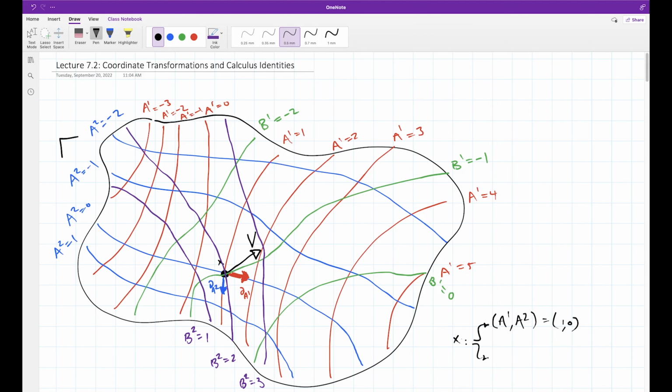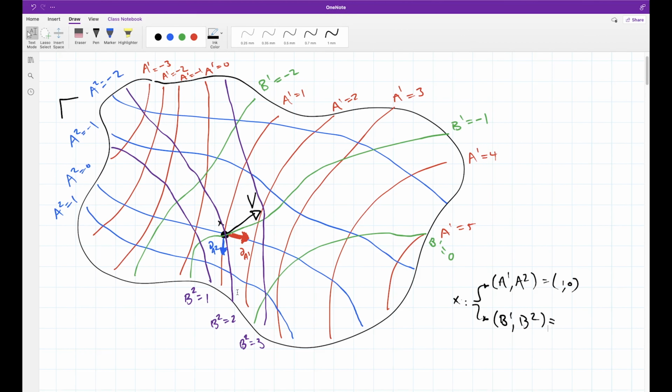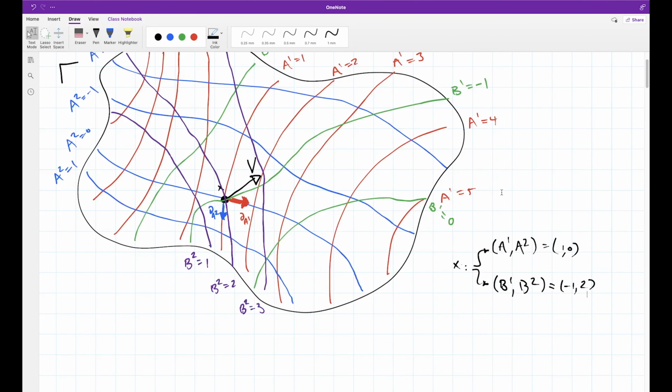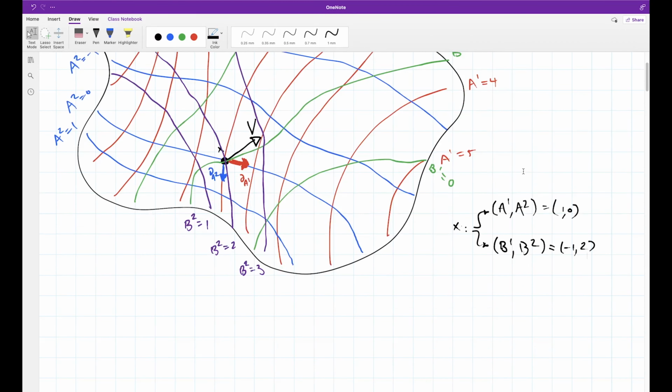In this new coordinate system, B1, B2, X is equal to, well, we have B1 is equal to -1, and B2 is equal to 2. Good. And by design, this is going to be another good coordinate system, so we'll have no problems there.